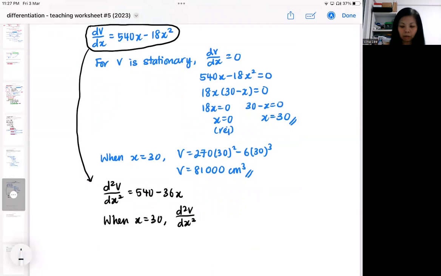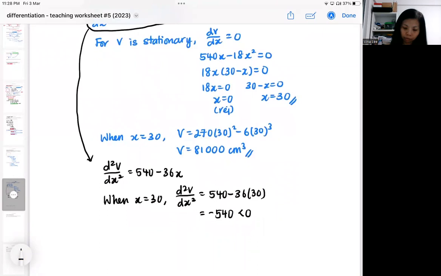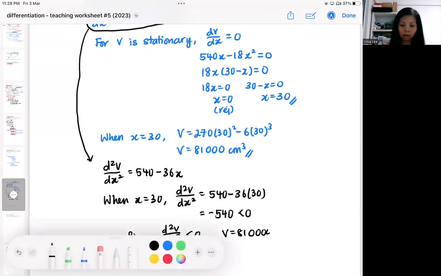The testing is the same idea as for the stationary point. You differentiate a second time, insert into the formula, and you get a negative value. Your second derivative returns a negative value, which means the volume that you obtained is a maximum volume.